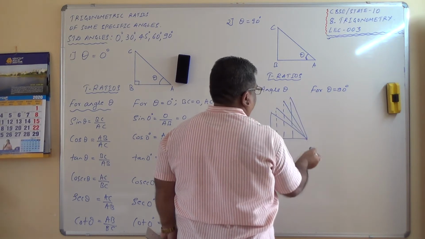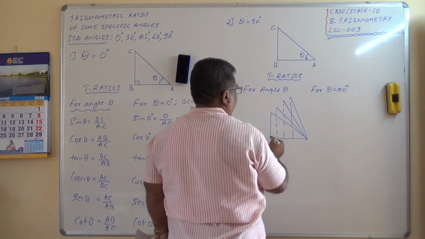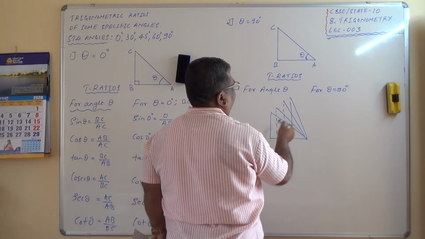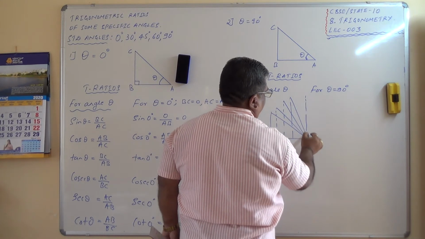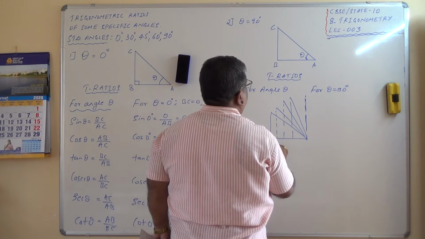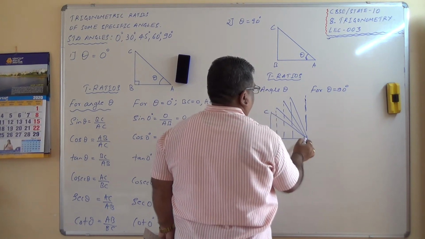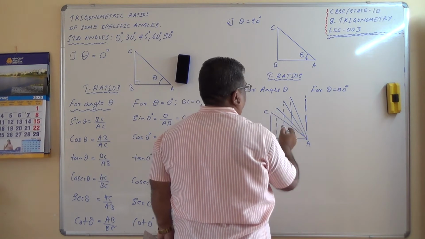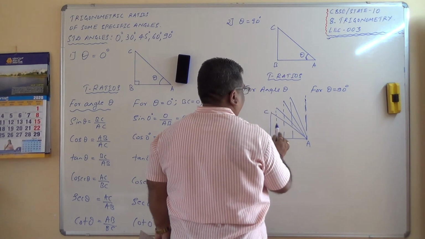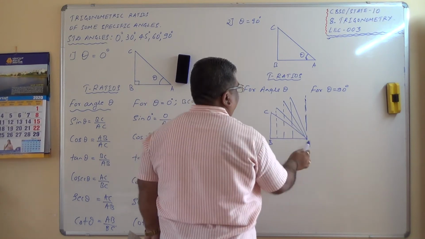AB is decreasing and BC finally coincides with, finally this was earlier B, this was earlier C, this is A. So AC and BC will go on increasing, AC and BC will coincide and AB will become 0.